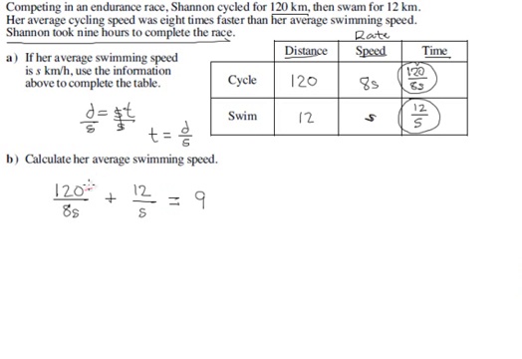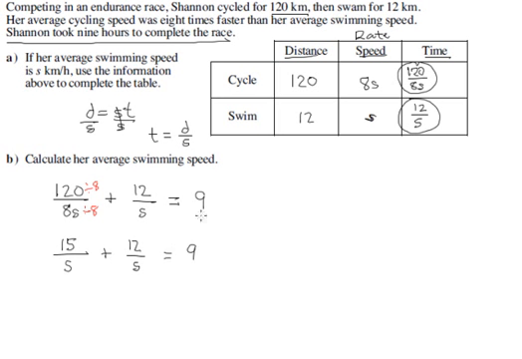120 and 8 are both divisible by 8. I didn't want to change that up here because these numbers actually mean something. These are the distance and the speed, and I didn't want to mess with them too much, but now that we're solving this, we want to keep it as lean as possible. So 120 divided by 8 is 15. 8s divided by 8 is s, plus 12 over s equals 9.